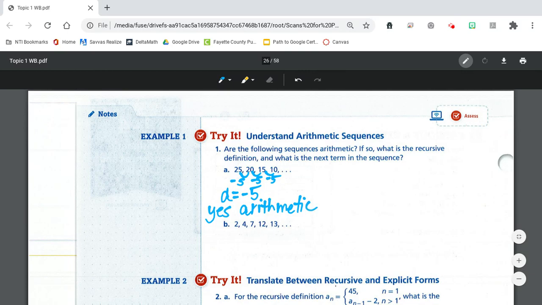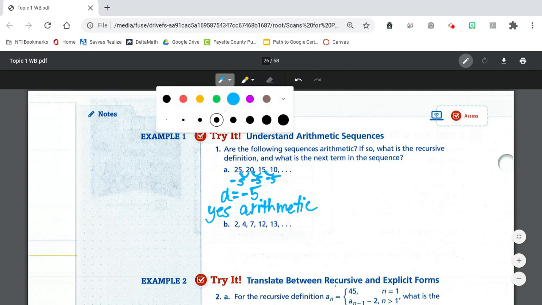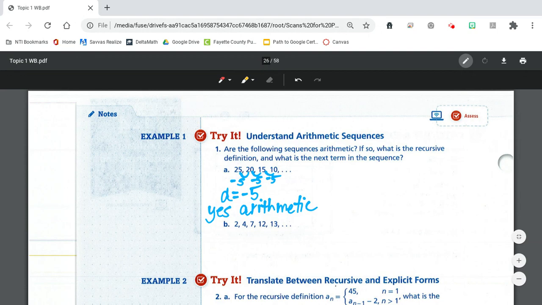So then it says, what's the recursive definition? So here's what the recursive definition would look like. A sub n, meaning any term I want, is equal to the first term, which is 25, if n equals 1. So that line is saying if I want the first term, it's 25.